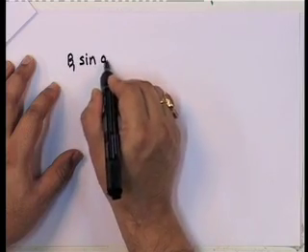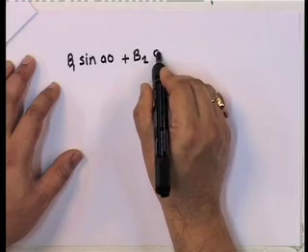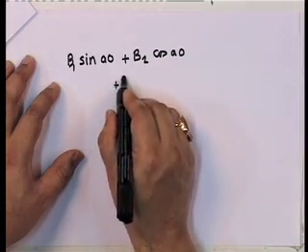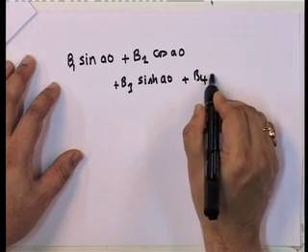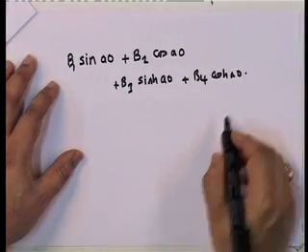Let us see the first one. Since this is moment, it is actually EI phi double prime, but it does not matter. Having put phi equal to 0, this implies that B1 sine A0 plus B2 cosine A0 plus B3 sine hyperbolic A into 0 plus B4 cosine hyperbolic A0 is equal to 0.